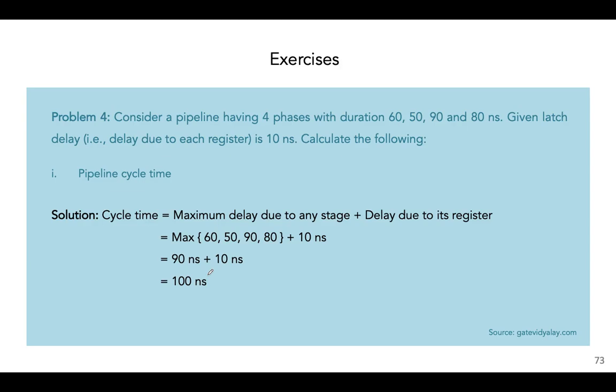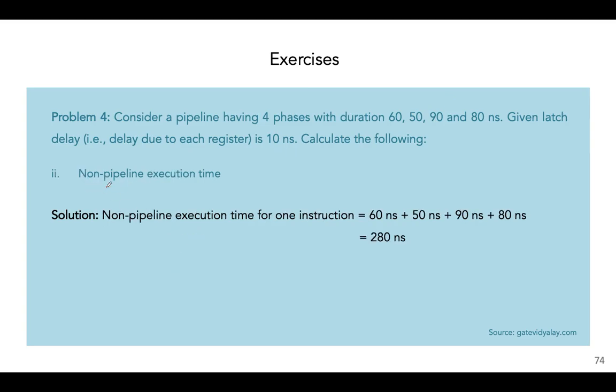Pipeline cycle time, you know this already, so you add the maximum delay of any of these stages, which is 90, with the delay of the registers. So 90 plus 10, this is your cycle time in case of pipelining. Cycle time in case of non-pipelining, otherwise known as execution time, simply add 60 plus 50 plus 90 plus 80, which gives you 280. We did this previously in the previous problem.